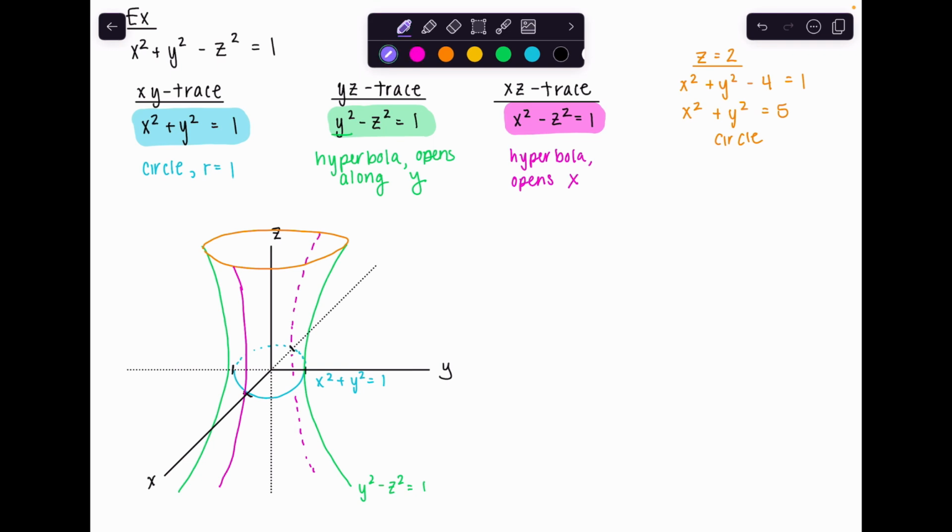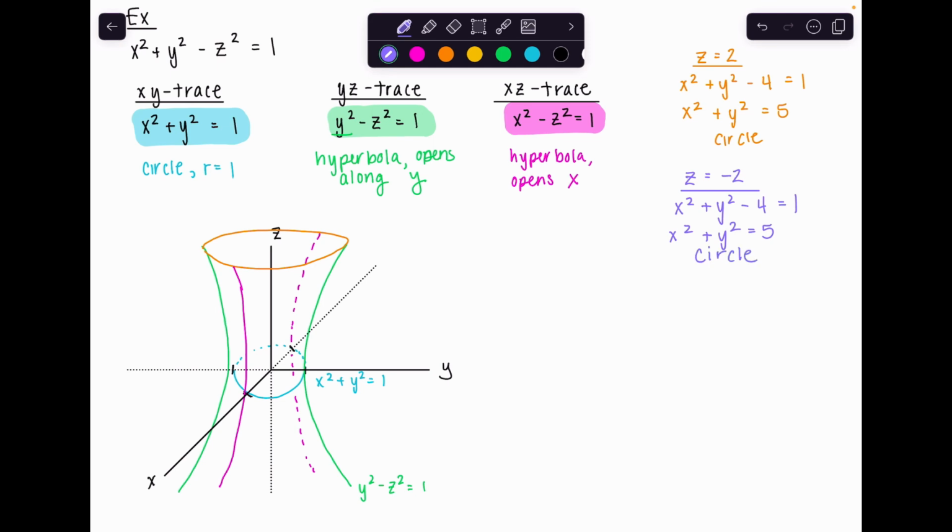Then if I do the same thing and I pick a negative value of z to see what the bottom looks like, we'll do the same thing but -2. When you take -2 and square it, it's still going to give you 4. So you really end up with a symmetric shape. So you get a circle at the bottom as well.